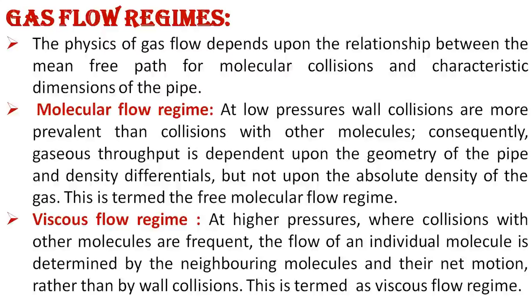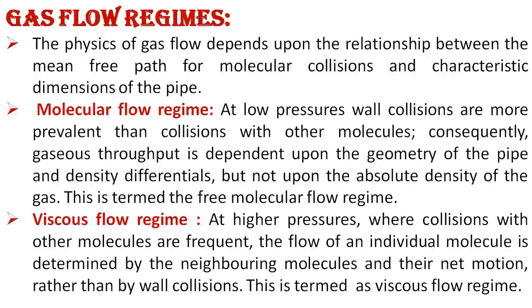At a low pressure, collisions with the walls are more prevalent than collisions with other molecules. Consequently, gaseous throughput is dependent upon the geometry of the pipe and the density differential, but not upon the absolute density of the gas.